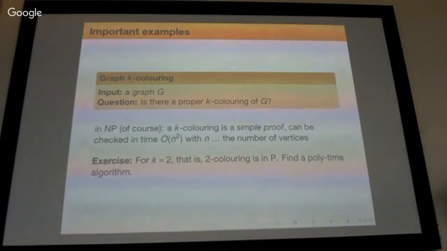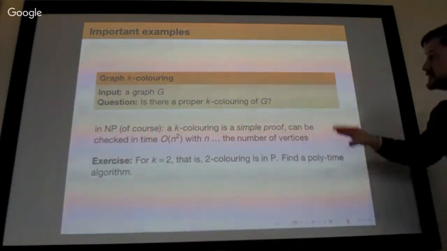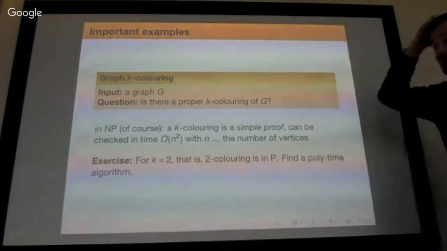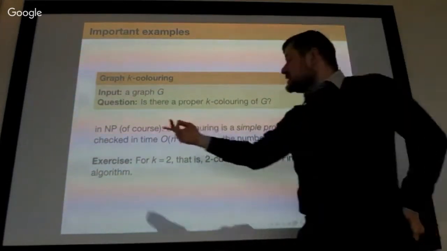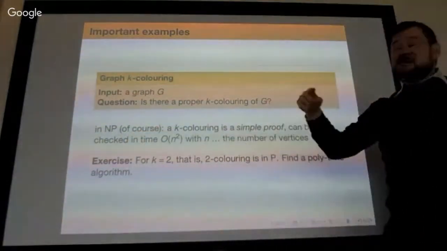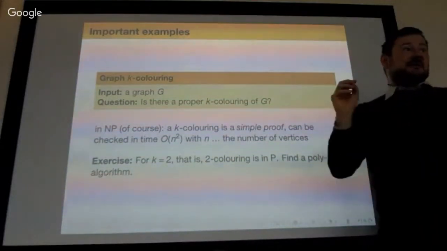The decision problem takes a graph, and it asks whether you can properly K color the graph. And the K can be anything. For any K it's a different problem really, and it's always in NP, because if the answer is yes, you can k-color, then it's easy to check the coloring.